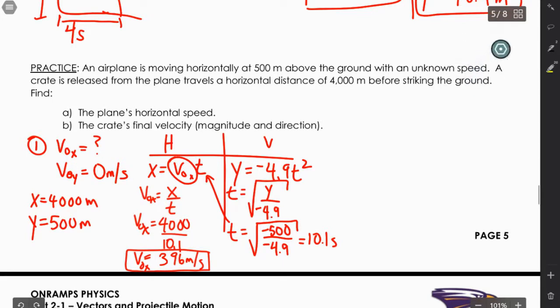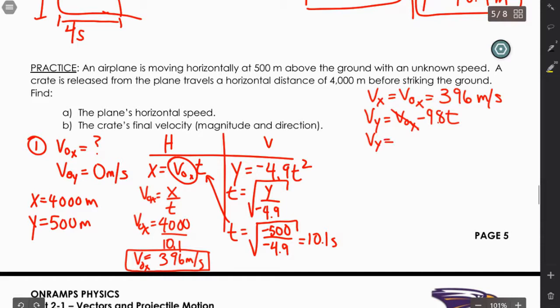Part B is to find the velocity as it strikes the ground. But we know Vx, the final velocity at the ground, is just going to be the velocity that it started with, right? When we talked about the equations, that's how we solved that. And then Vy is going to be Voy minus 9.8t, which, the great thing is, Voy is just going to be 0.